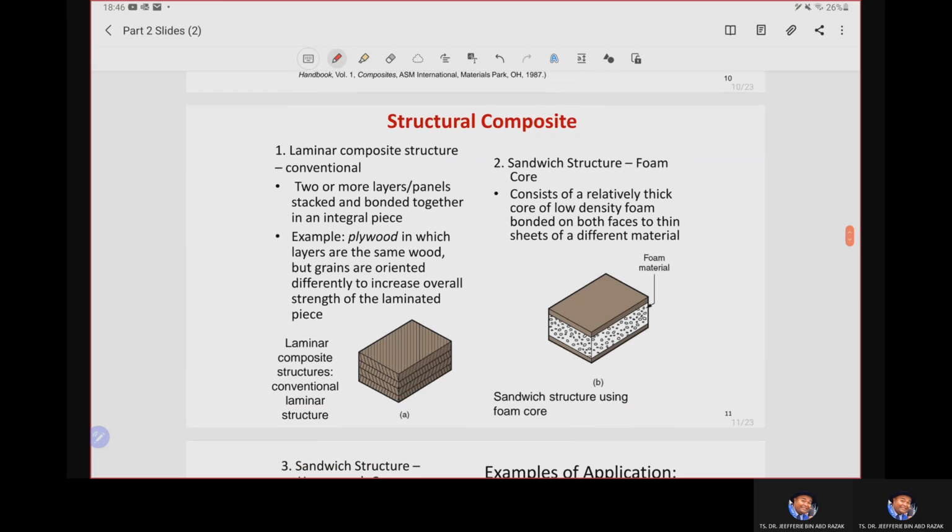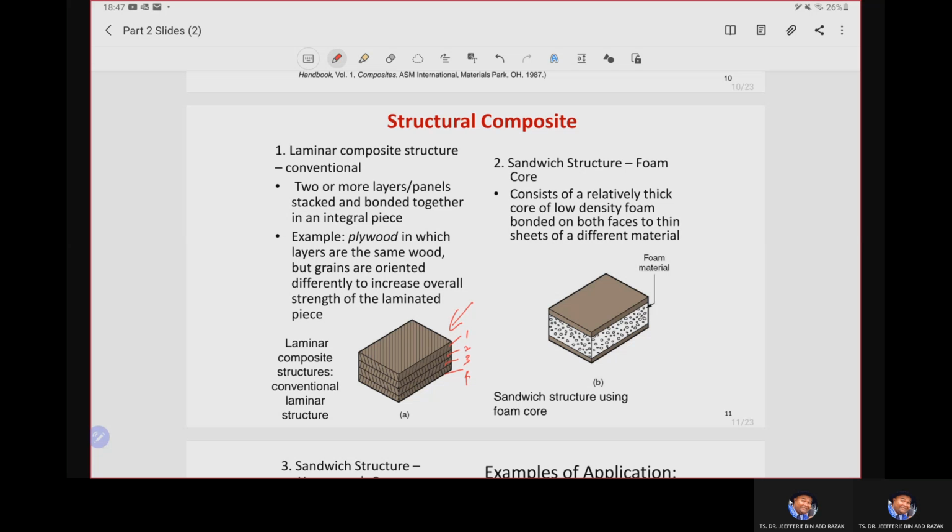We start first with the laminate composite structure. This is the laminar composite structure, a traditional type of structural composite. Two or more layers of panel are stacked and bonded. First layer, second layer, third layer, fourth layer, stacked and bonded together as an integral piece.